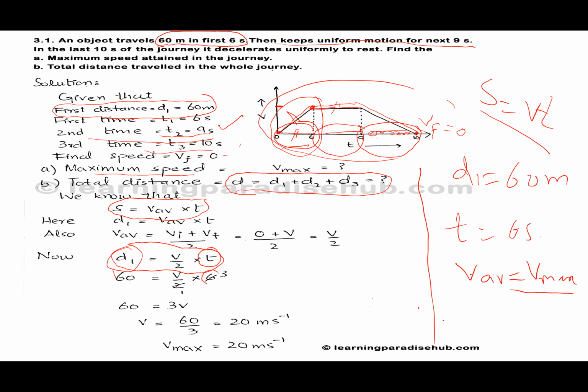We have to find this velocity. So we use the formula S is equal to V average into T.